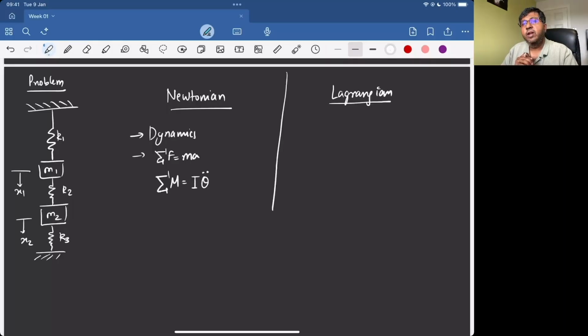Okay, and that means that here it's easy because it's moving in one direction. What if I put an additional spring here and allow this one to also move in this particular direction?